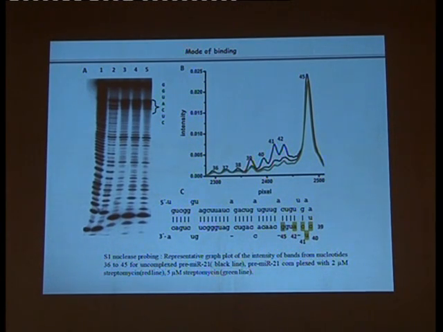That means the molecule is going and binding there, and as a result it is not accessible to the enzyme. We mapped back and understood that this is the region where the molecule is binding, and this is a little bit similar, though not exactly the same, to what we obtained from our computational study.